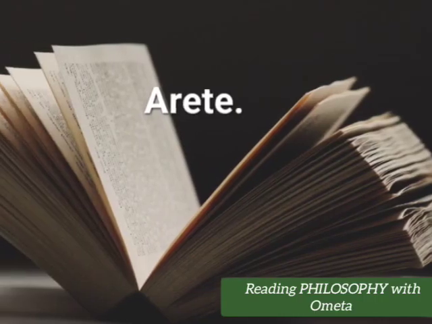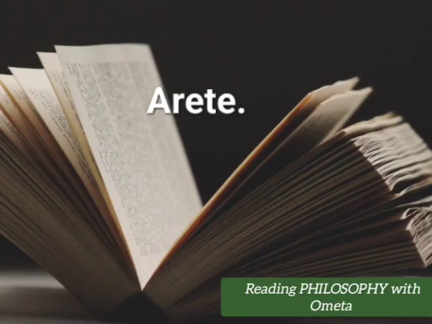Plato further explained that for one to achieve eudaimonia, they need to have what he called arete, or excellence. In other words, for one to get to the state of eudaimonia, you have to possess arete. It is a character trait that leads to a eudaimonic life.